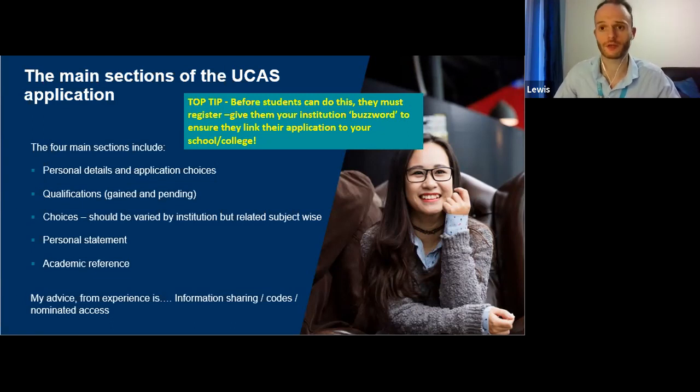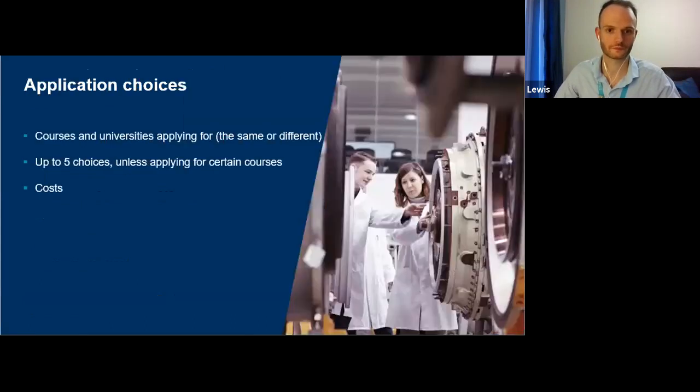So now let's have a closer look at the choices. I mentioned a moment ago that one of the sections will be their choices, and these are the courses and universities that they want to apply to.